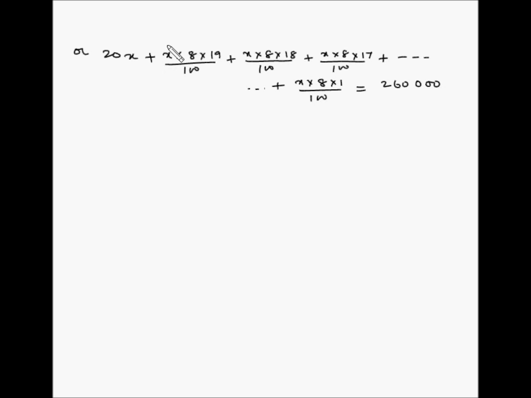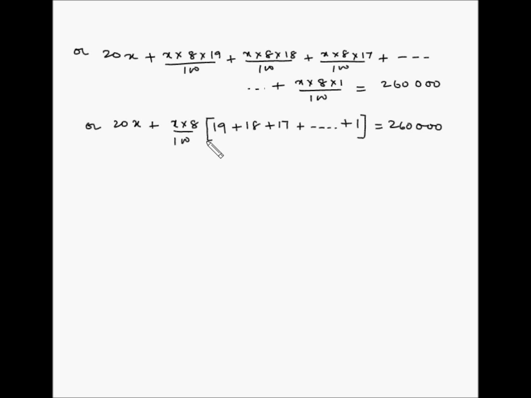Now in this expression, we can easily say that X multiplied by 8 divided by 100 is common in all of these terms. So let's take that as common. So 20X plus X multiplied by 8 divided by 100, and then in the bracket we'll get 19 plus 18 plus 17 so on plus 1, and this is equal to 260,000.